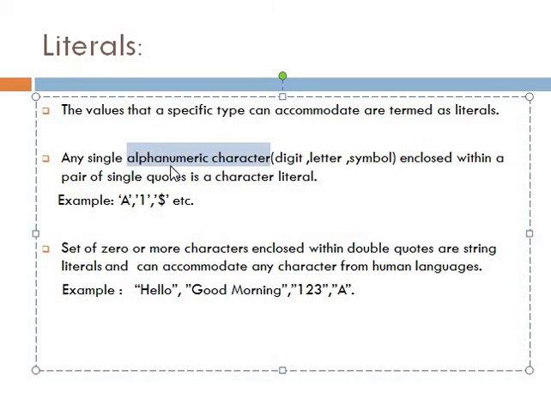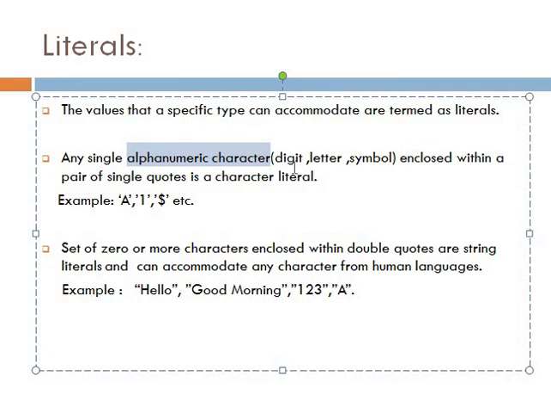Now see the word alphanumeric. The alpha in alphanumeric represents letters, and the numeric in alphanumeric represents digits. So alphanumeric represents digits as well as letters. And in addition to digits and letters, the alphanumeric characters also represent symbols.